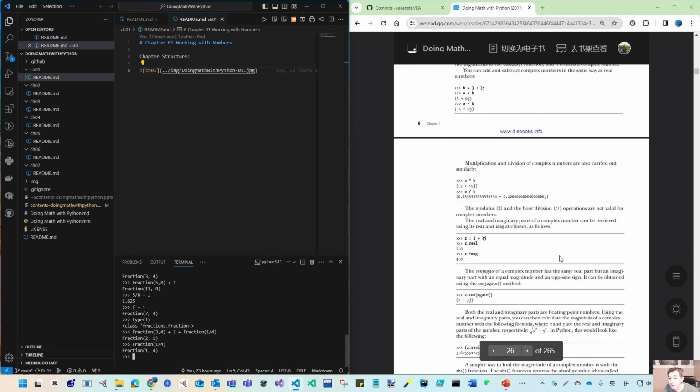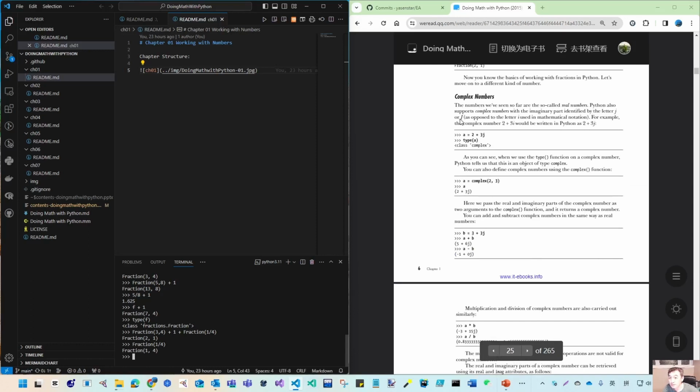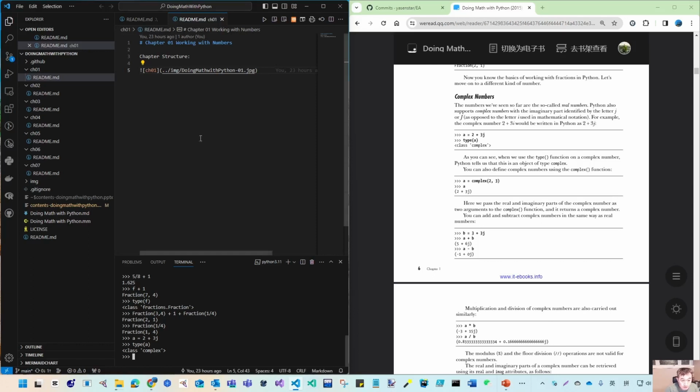We use J as the symbol to show complex numbers. If we define A assigned to 2 plus 3J, now let's see, type A tells you it's a complex number, because Python already recognizes J. And 2 is the real part, 3 is the imaginary part.